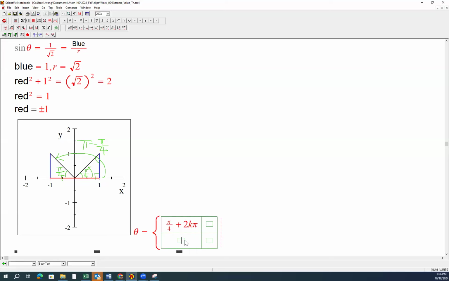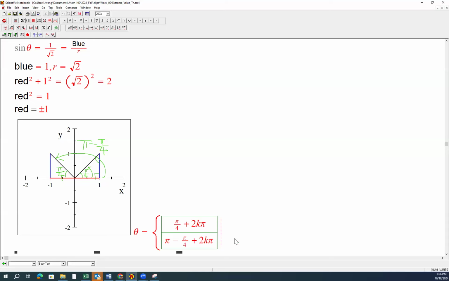And the other one is 3 pi/4, it's pi minus pi/4 plus 2k pi. So that will cover all of these terminals and all of the angles.